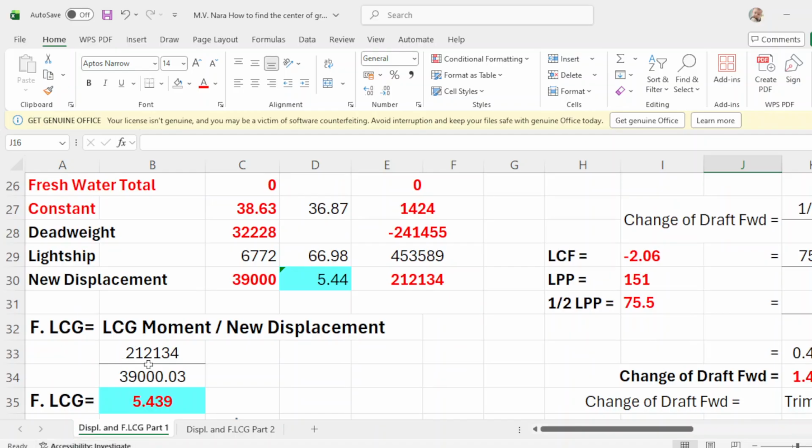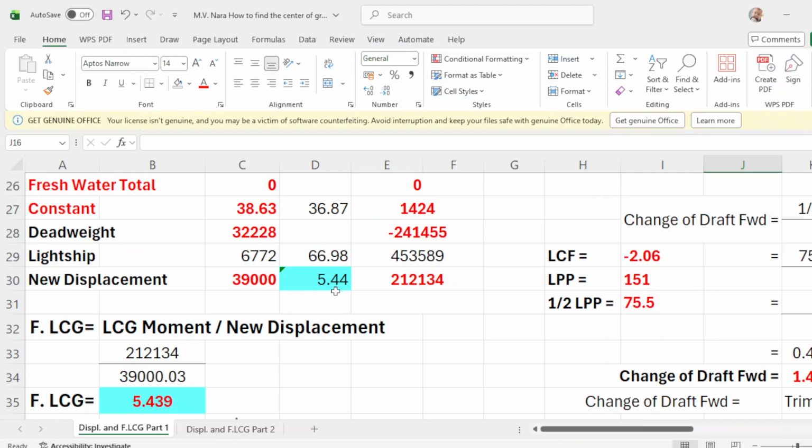So you have a formula here to get your final LCG: your LCG moment over your new displacement. LCG moment is 212,134 and your new displacement is 39,000. Divide LCG moment over your displacement, and your final LCG is 5.439 or 5.44.